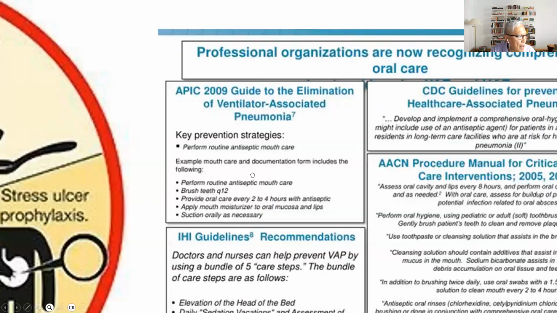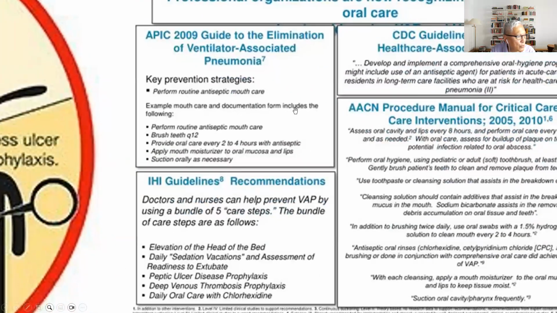So, for example, is going to be mouth care. And so what do we do as far as mouth care is concerned? We need to brush their teeth every 12 hours and oral care every 2 to 4 hours with an antiseptic and applying moisturizer to the mucosa and the lips.